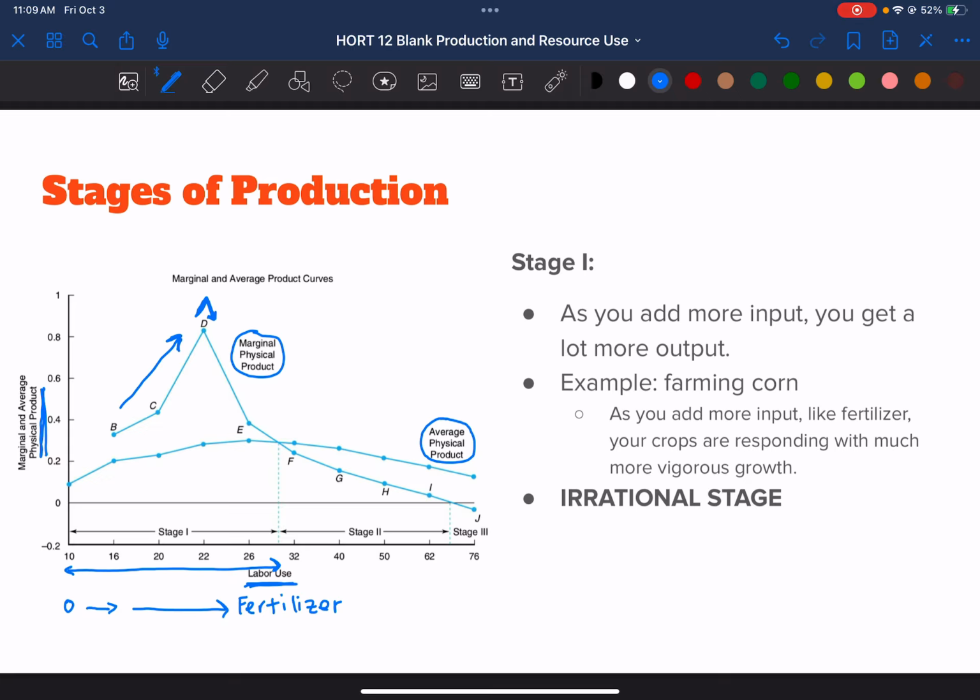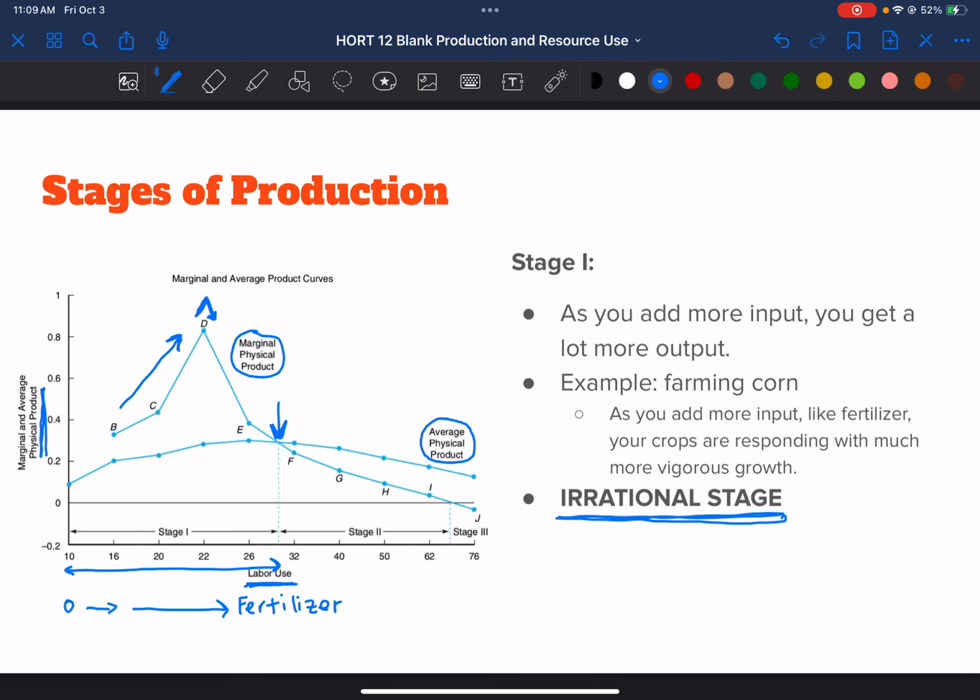So this stage, stage 1, we call this an irrational stage of production. And it's irrational because you could be adding more input once you get here on the curve. You could be adding more input and still getting more output.